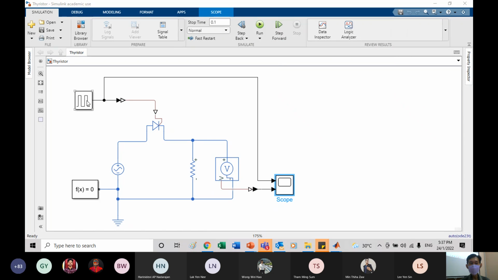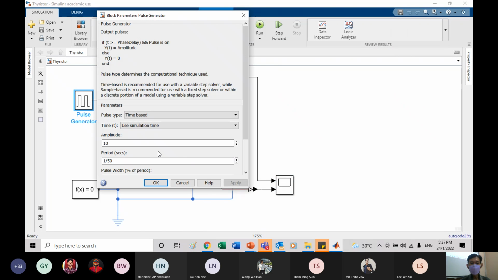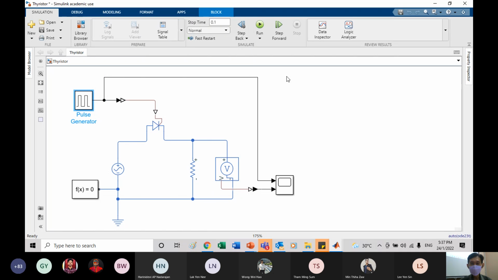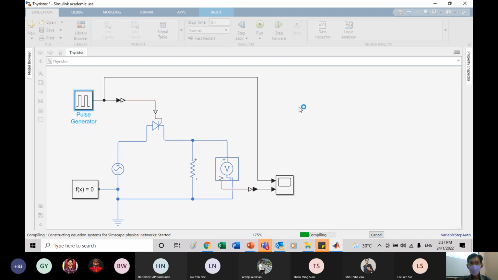Now you want to see more clearly, right? What you need to do is change this one. If I divide by pi divided by 2, 90 degree, that means I wait until the sine wave reaches 90 degree, then I start to chop off. Now I click OK, I run. So this is the most basic application.